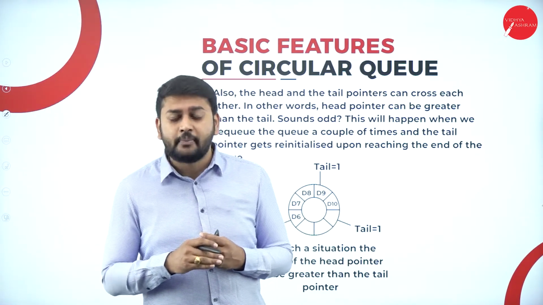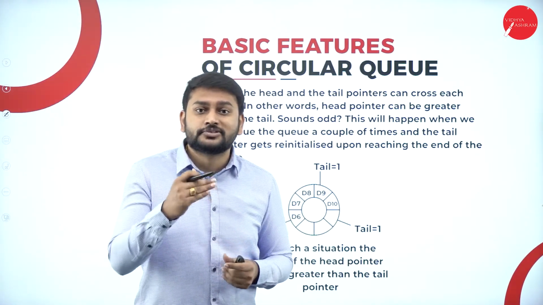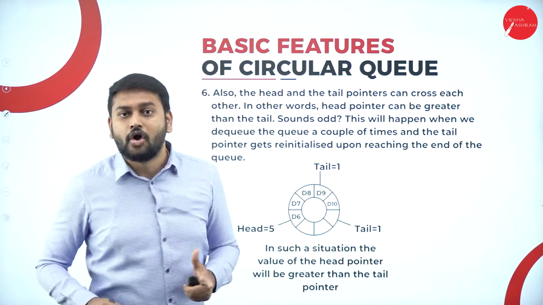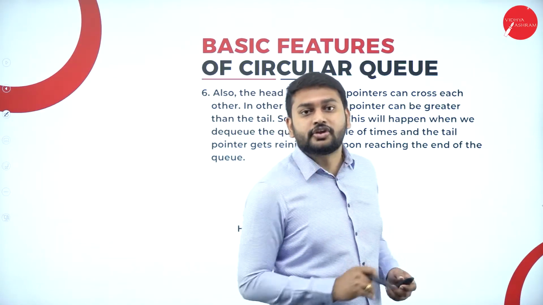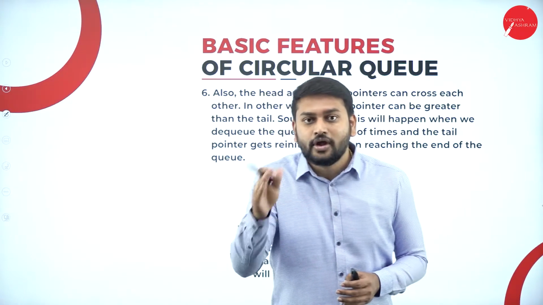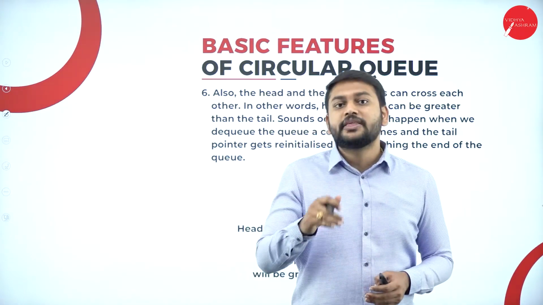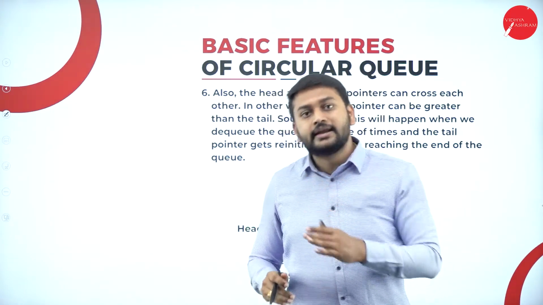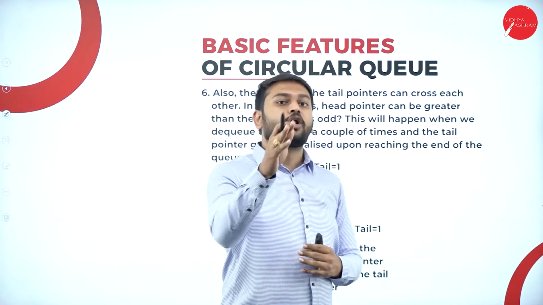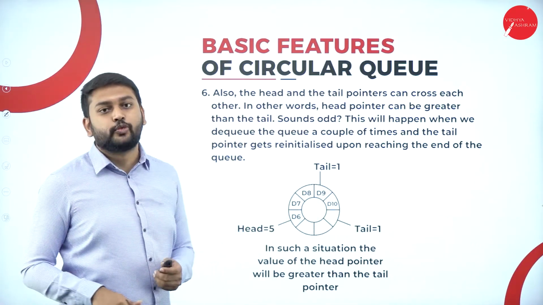But it can happen in the circular queue. If I start removing all the elements from the queue, the head can cross the tail. That's what you need to understand at this point.